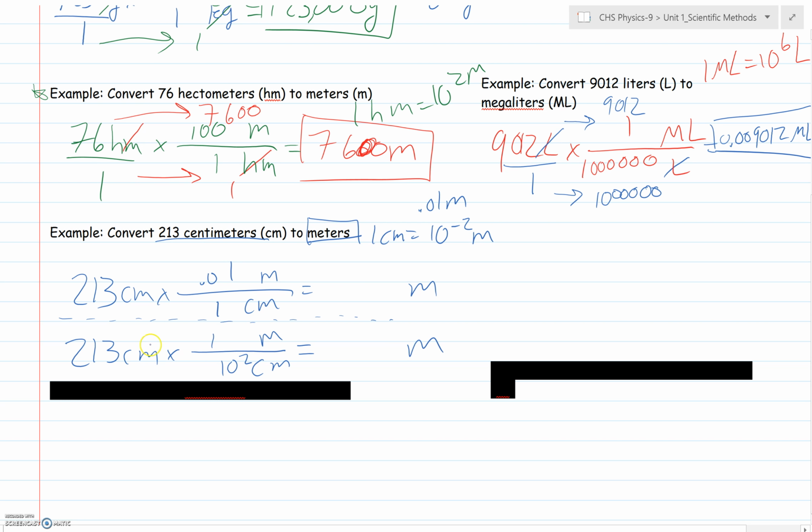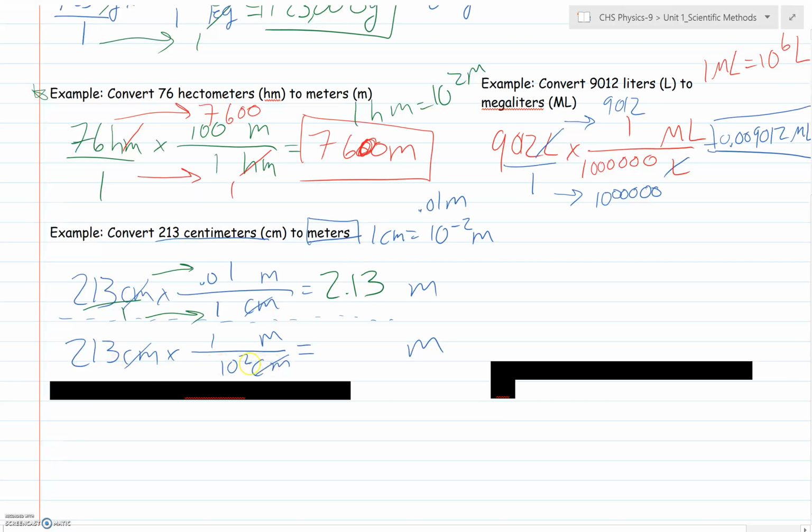In the end, since we're having our units still working and we're using the same ratio, this will work out either way. And I'll show this to you. So if I do 213, and remember I can put this over 1, it means the same thing, multiply straight across, I end up with 213 times 0.01, which when you type that into your calculator, you end up with 2.13 meters.